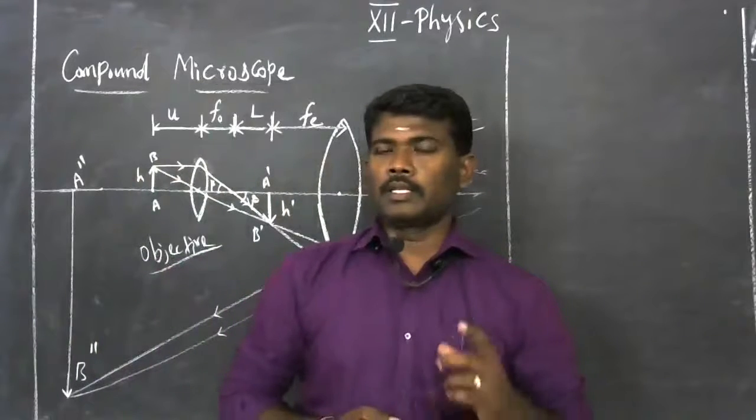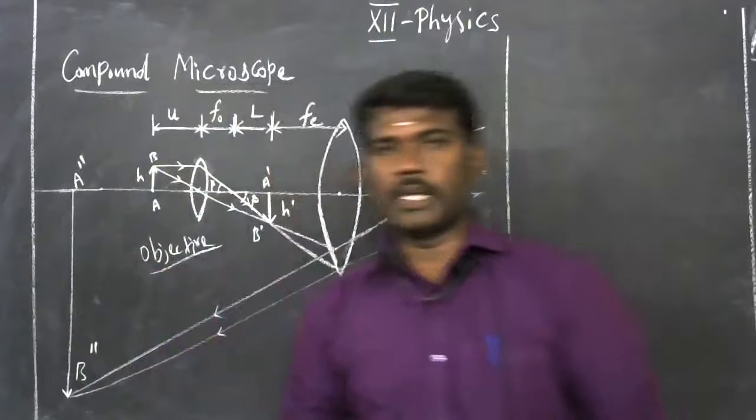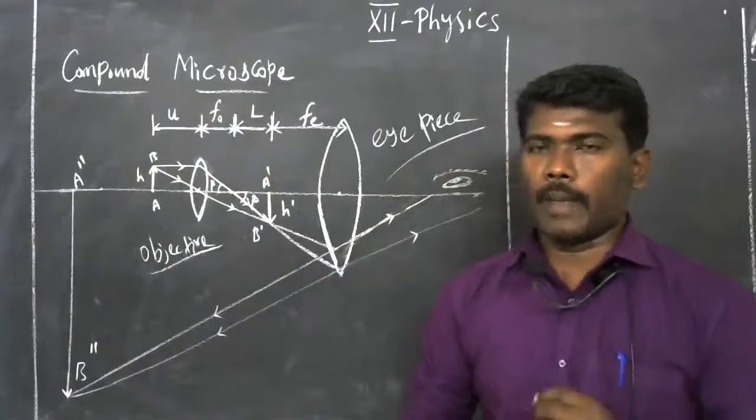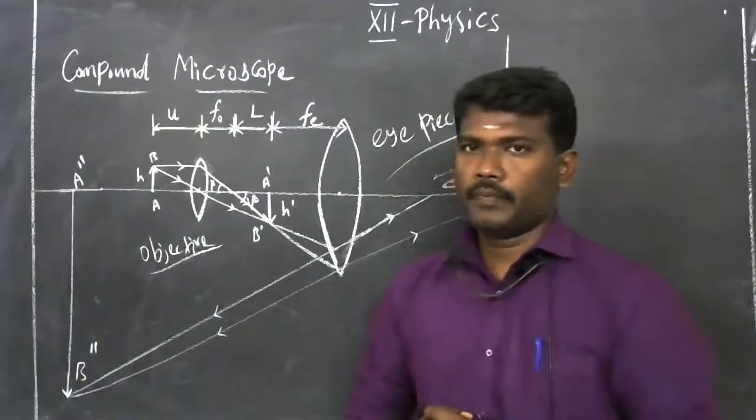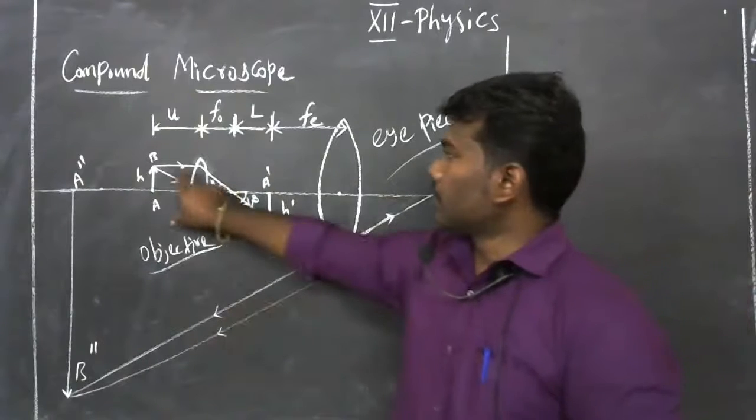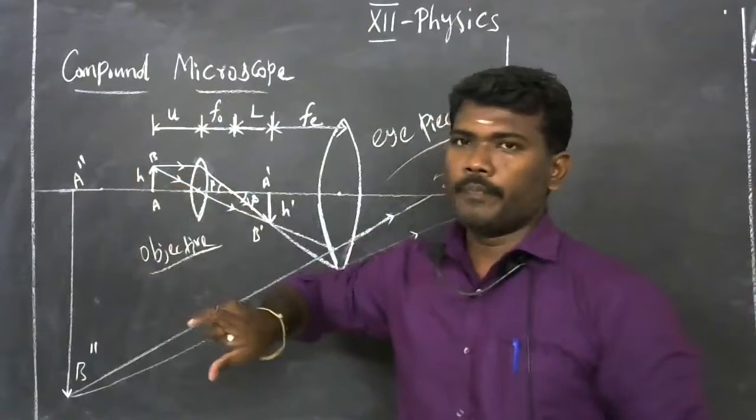You know very well that a single convex lens produces a real inverted magnified image. Consider the object AB.